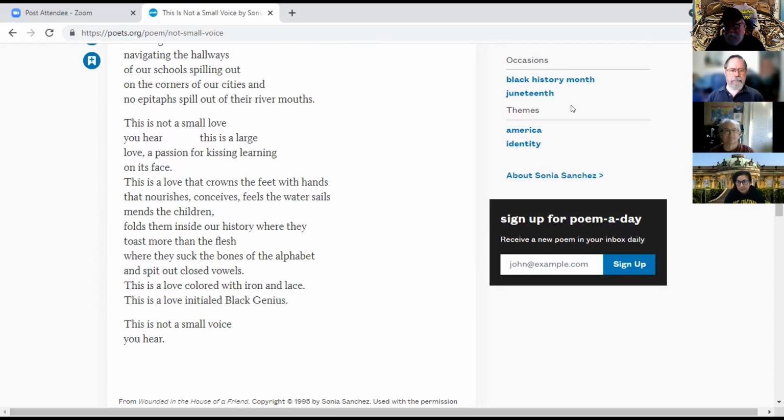I'll use my phone. Okay. This is not a small voice you hear. Here goes. Small voice. I think that should be a requirement for cento writers. The index.